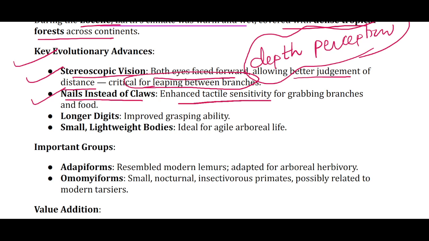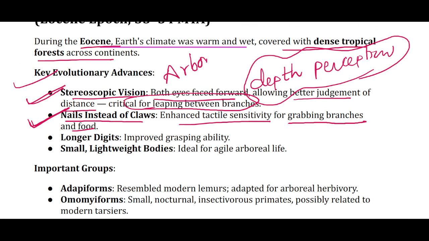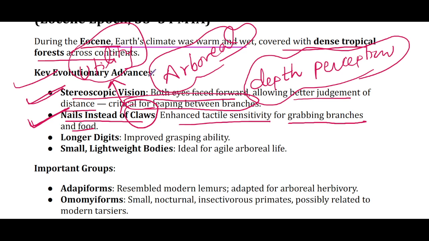So this presence of nails enhanced tactile sensitivity for grabbing branches and food, because by this time we started living more on trees. Our lifestyle was more arboreal, और claws की उस particular age में कोई यूटिलिटी नहीं थी. सो ये आप जानते हैं कि इवोल्यूशनरी लैंडस्केप में if something is not used for a long time, if something doesn't have any utility, then its place will be given to something else.